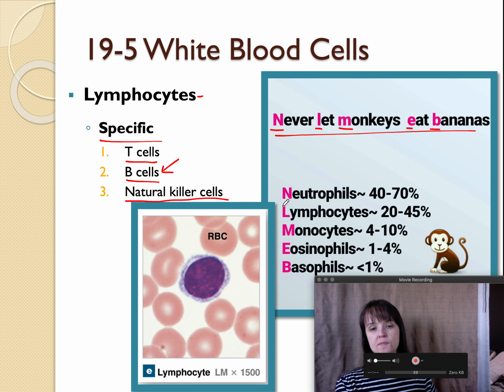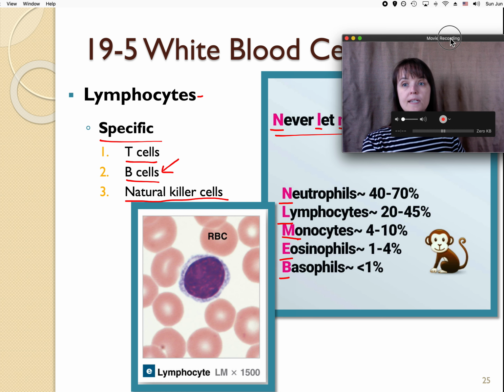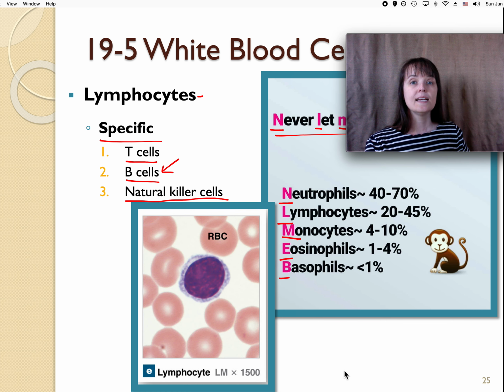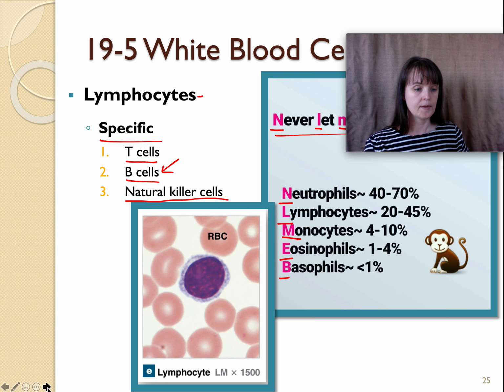Well, not the numbers, but just the order. So the neutrophils are most common, and then lymphocytes, and then monocytes, and then eosinophils and basophils are the least numerous and are in fact rare. So never let monkeys eat bananas is your mnemonic, and there's at least one test question on that, probably more than one.